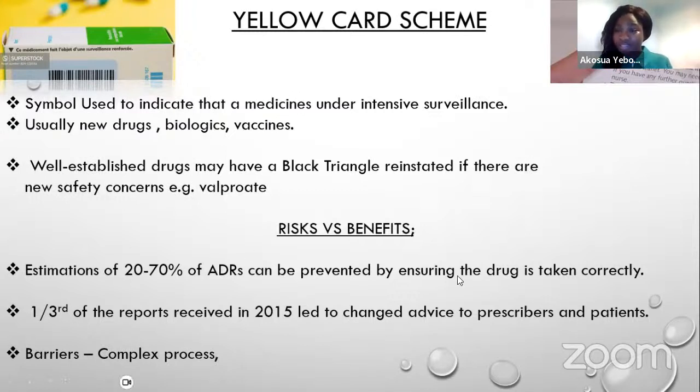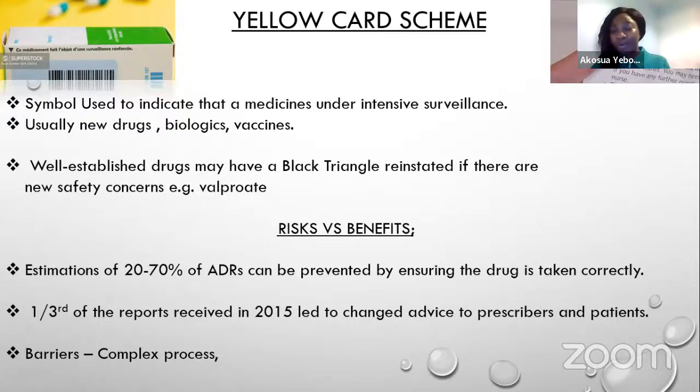I think preventive drugs and more investigation help reduce drug adverse reactions and side effects. And so far, we have looked at the barriers, and some say it's a complex process.